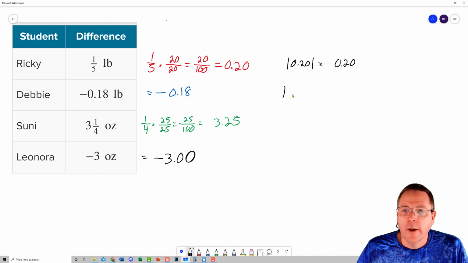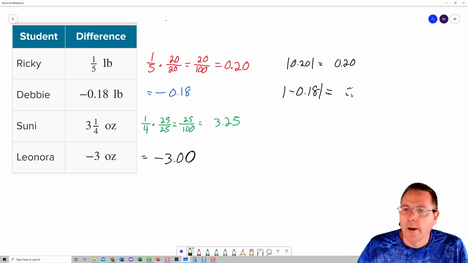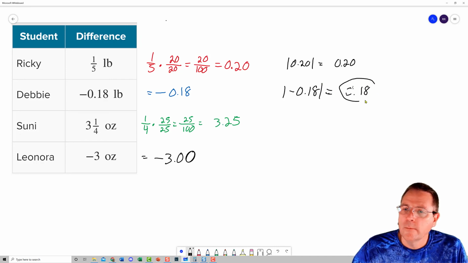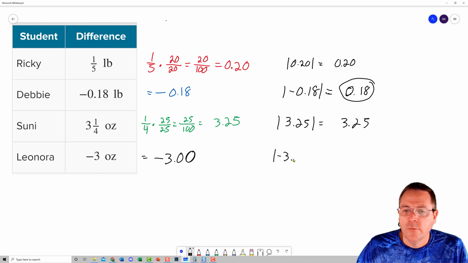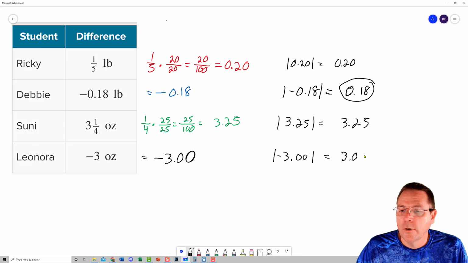The absolute value of negative 0.18 is going to be a positive 0.18. Let's see if I can make that look a little better. There we go. The absolute value of 3.25 is going to be 3.25, and the absolute value of negative 3.00, well, that's going to be a positive 3.00.